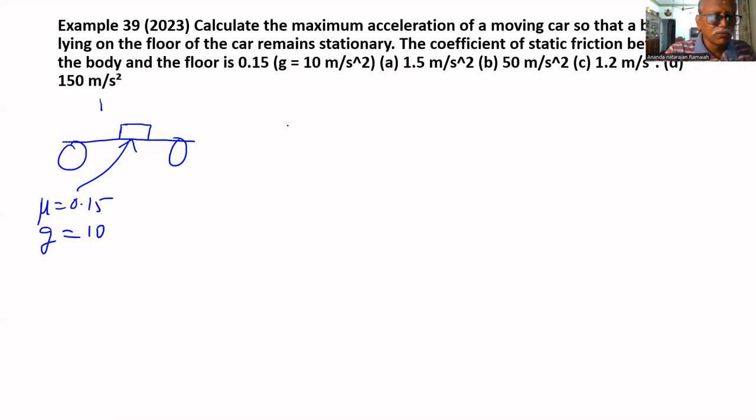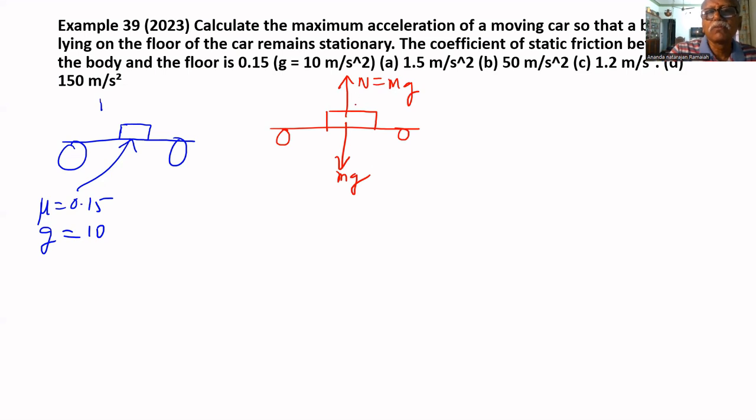So here we have to write what are the forces acting on the mass. Downward mg is acting. Normal force N is also equal to mg, because both must be equal. Here, let us assume that the car is moving towards the right.